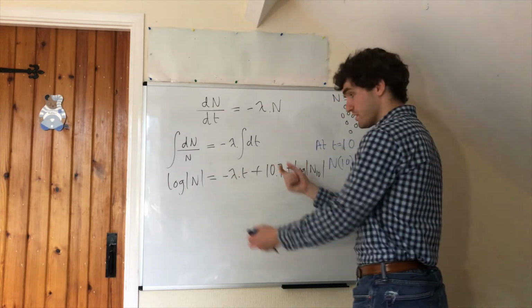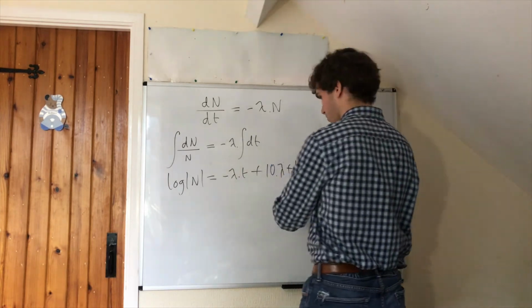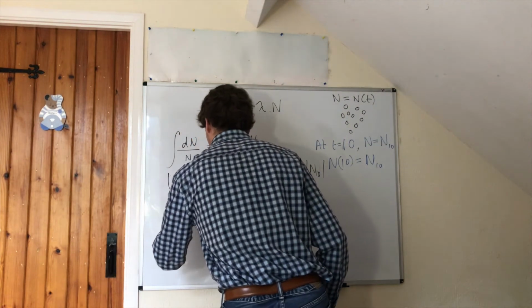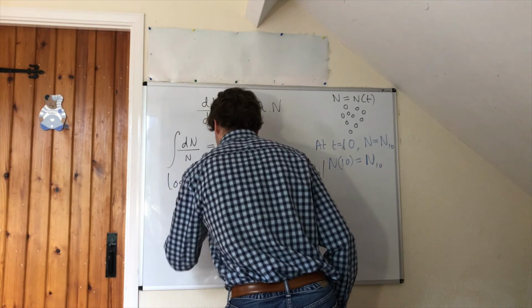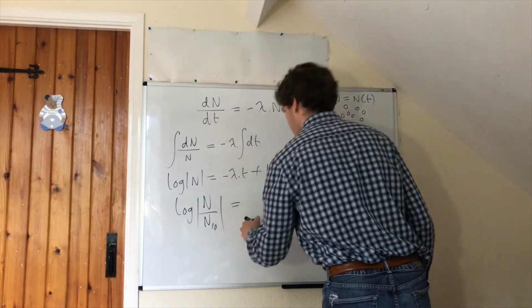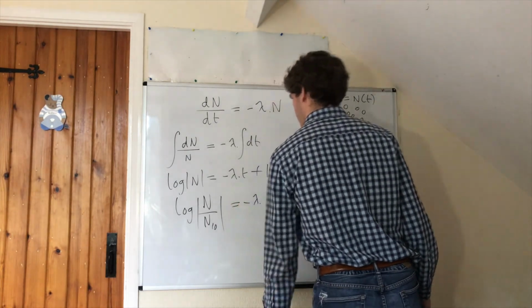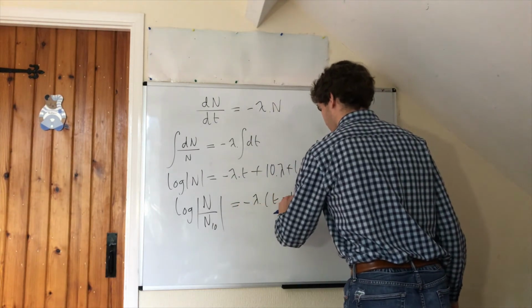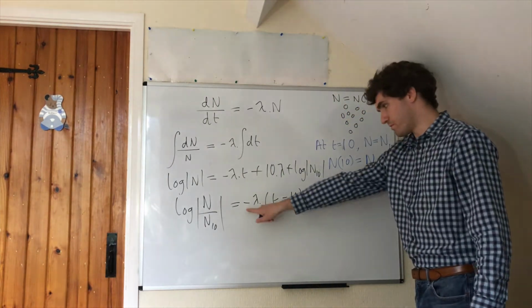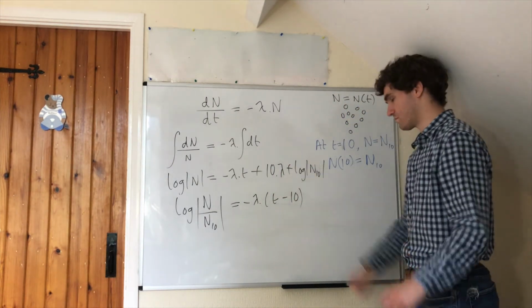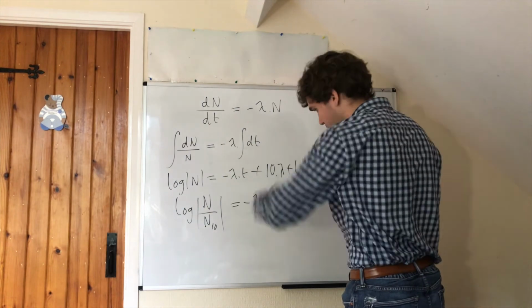So we can now rearrange this to get n of t. If we put the logarithm on that side, we get log of mod n over n10 is equal to, now the lambdas will factor out, so we get minus lambda times t minus 10. And I think the minus cancels to give a plus, so I think you can convince yourself that's true.